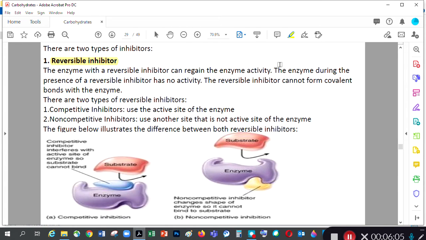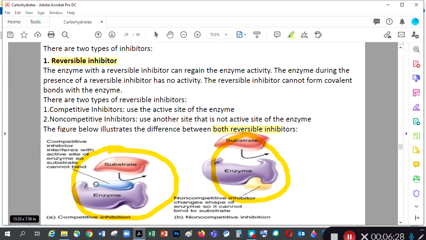The reversible are of two types: competitive and non-competitive. This is non-competitive, this is competitive. What's the difference between them? Look at this. This is the substrate coming in to react, but the inhibitor will come and take over the enzyme, correct? So the substrate cannot come, it goes out, so there is no reaction.